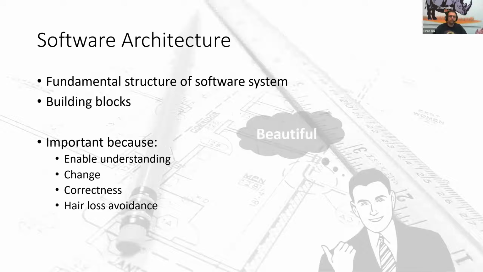Software architecture, the fundamental building blocks of your application. And sometimes you can go and look into a piece of software and you find this beautiful architecture. There's actually a book called Beautiful Architecture. And there is another book called Beautiful Code. Highly recommend both of them.